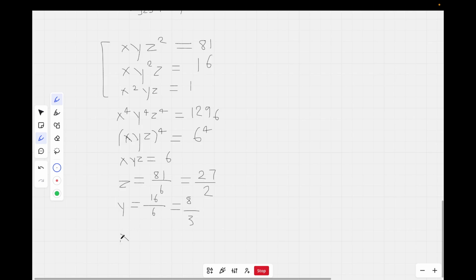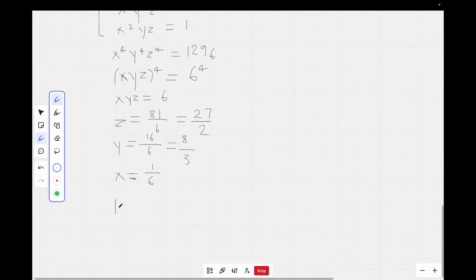And x is just equal to 1 over 6. So the final answer you should get is x, y, z is equal to 1 over 6, 8 over 3, and 27 over 2.